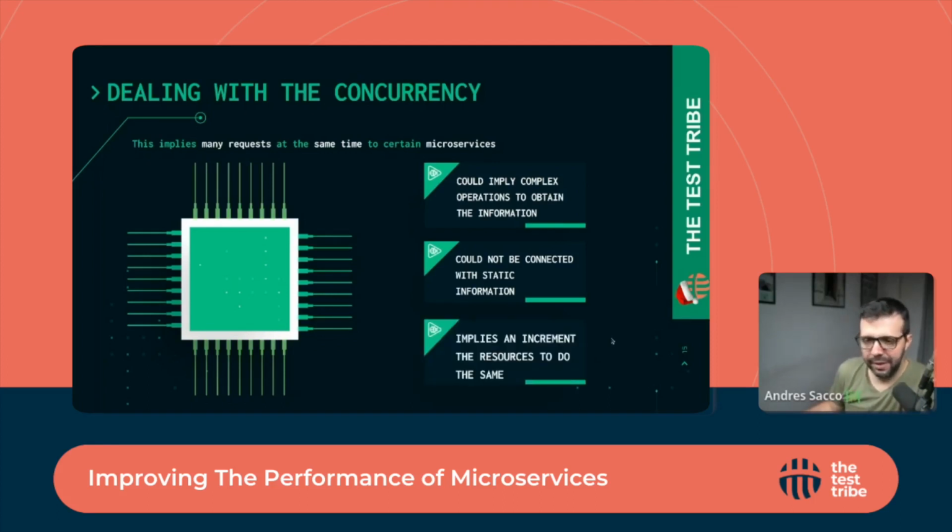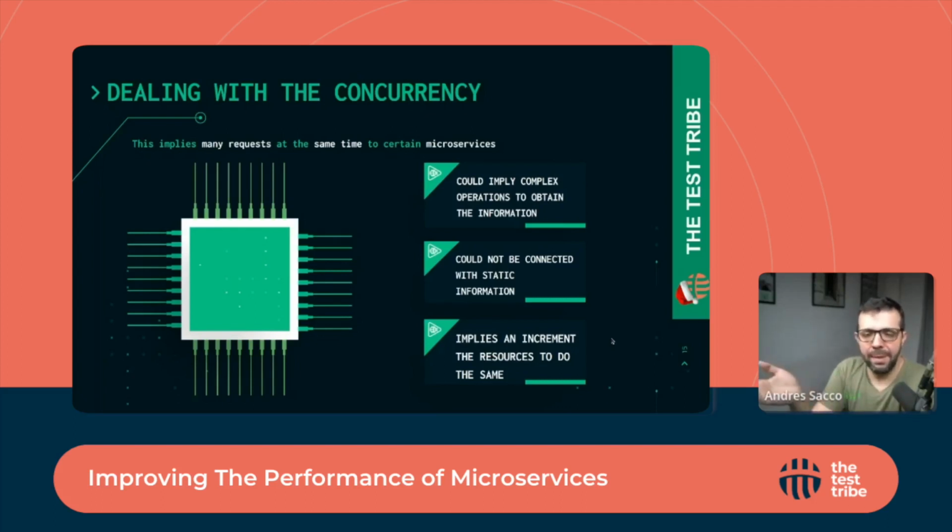And what happens with this implies an increase of resources to do the same. Imagine events like Black Friday, Cyber Monday, or these kinds of big popular events where a lot of people at the same time try to do a search for a specific product.